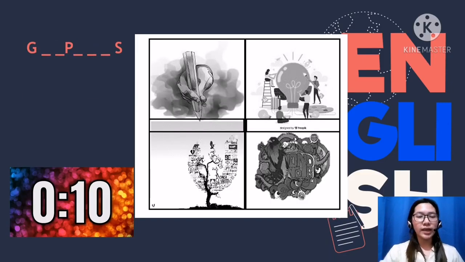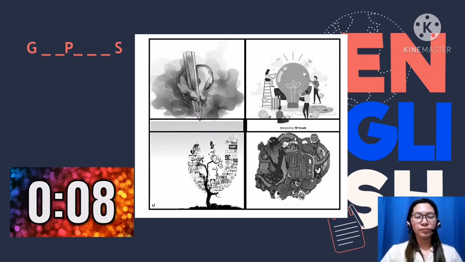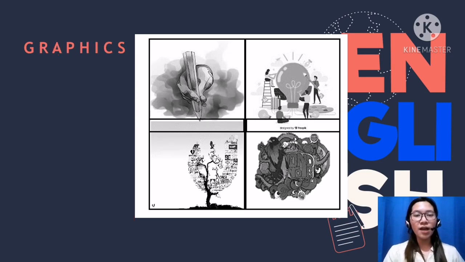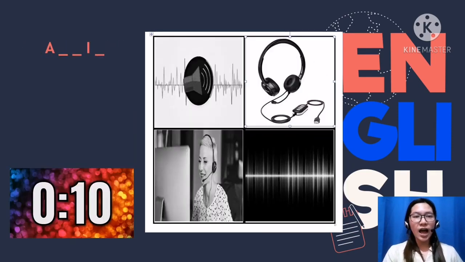How about the second picture? Let's see what's the answer. The second picture is about graphics. Nice.